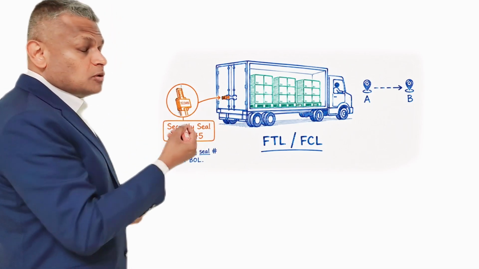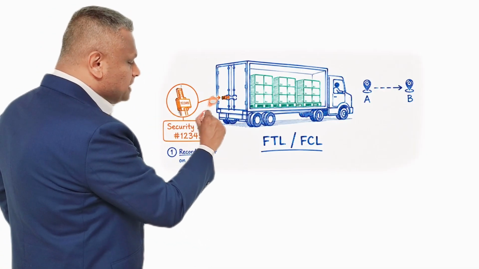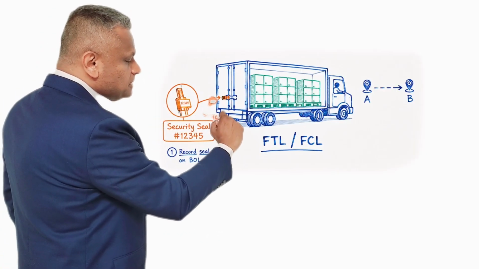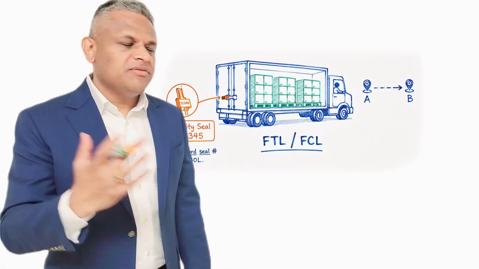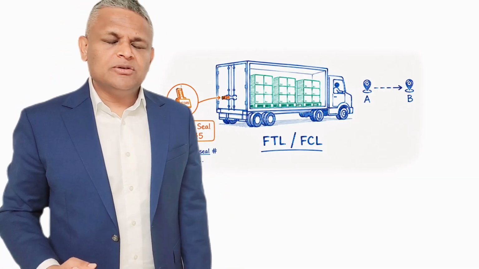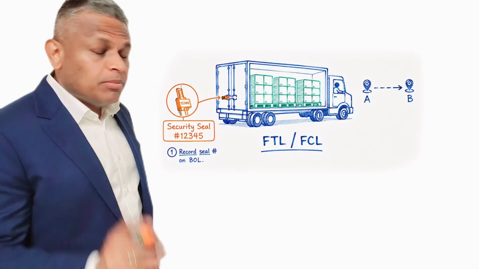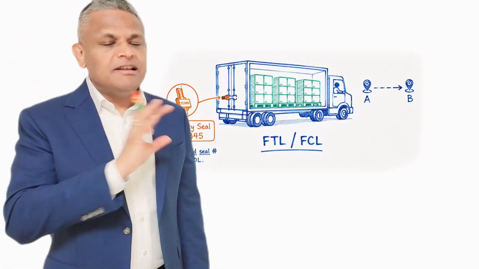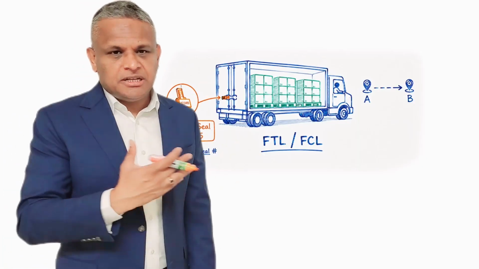Then, the most important thing, document that seal number. Attach it as part of the bill of lading that you're giving to the driver or to your customer, and make sure they know the seal number of the seal that you used to lock the truck, seal the truck, right?